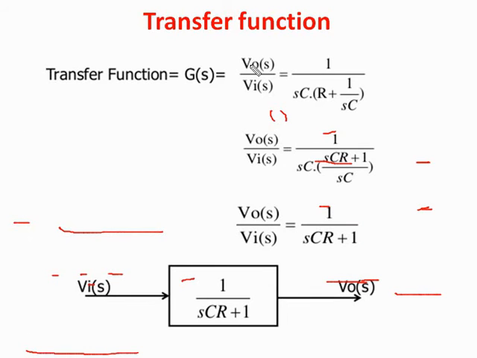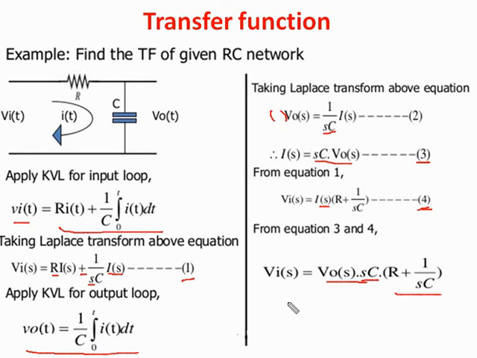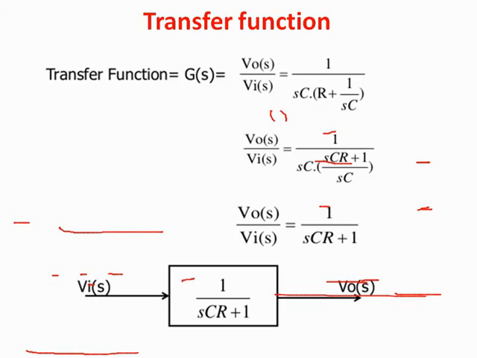So Vo(s) divided by Vi(s) becomes 1/(sC) times (R plus 1/(sC)). Solving R plus 1/(sC), it becomes (RsC plus 1) divided by sC.